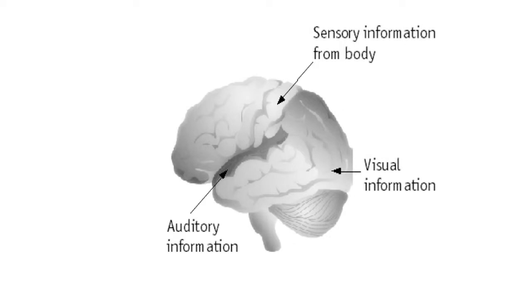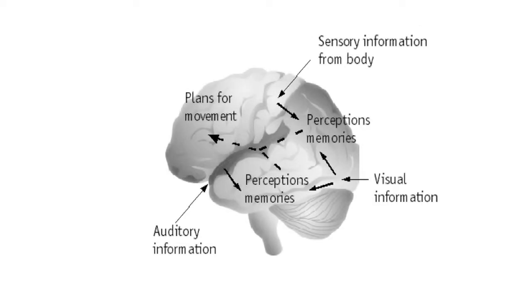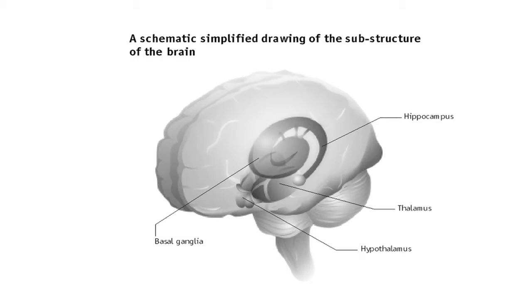And the job of the brain is to bring that information together so as to integrate it, and I'm sure all of you have heard of sensory integration, to integrate that information and to move it forward to the prefrontal cortex.